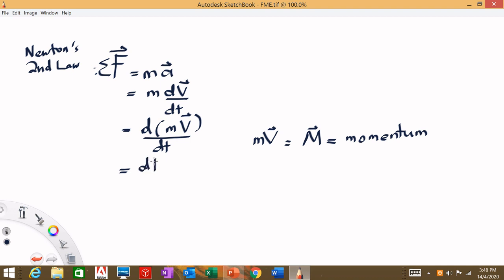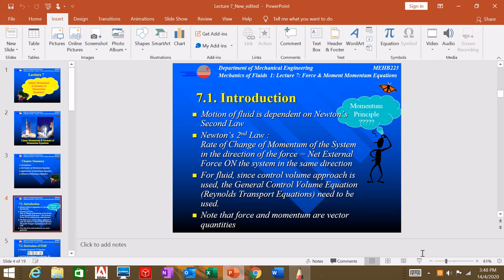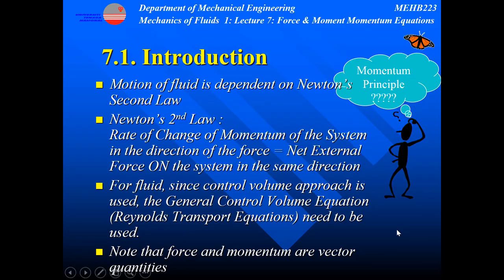So d(mv) over dt of the system is the force acting on the system. Now, for fluid, the control volume approach is used.